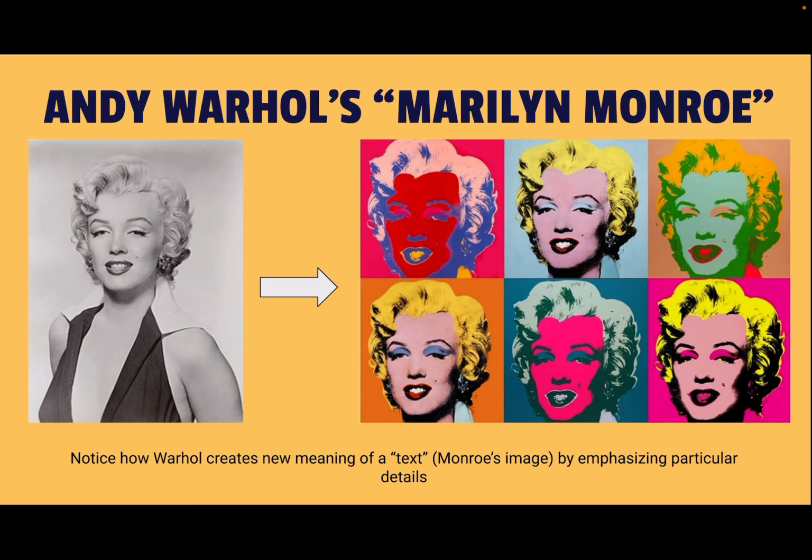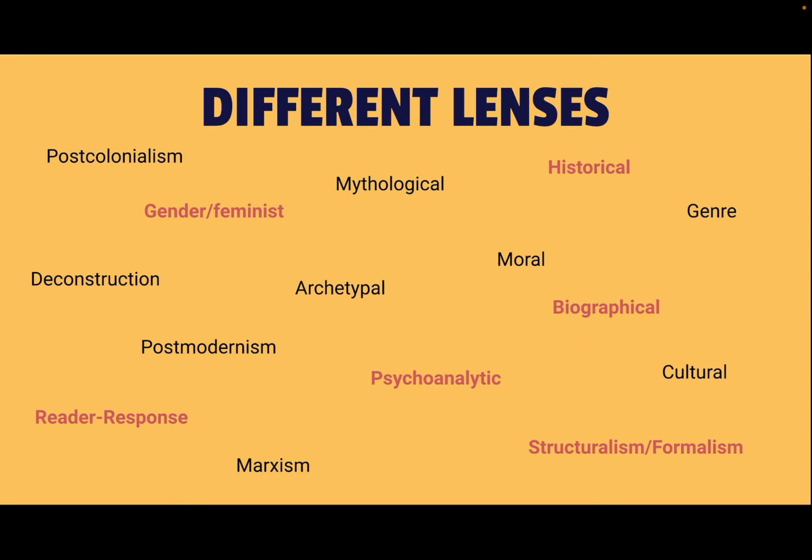For example, in the first image, the upper left-hand corner, her hair really stands out. Whereas in the upper right-hand one, her lips really stand out, right? And so it's having us focus on different aspects of her image based off of these lenses.